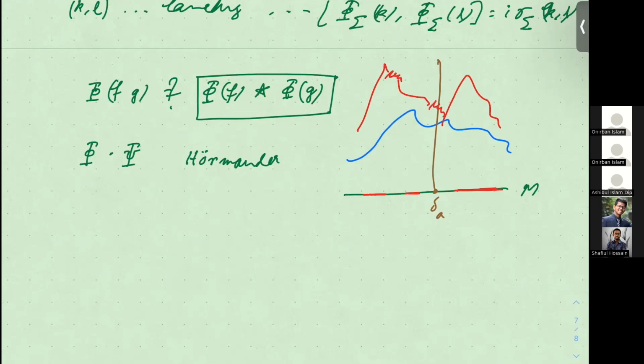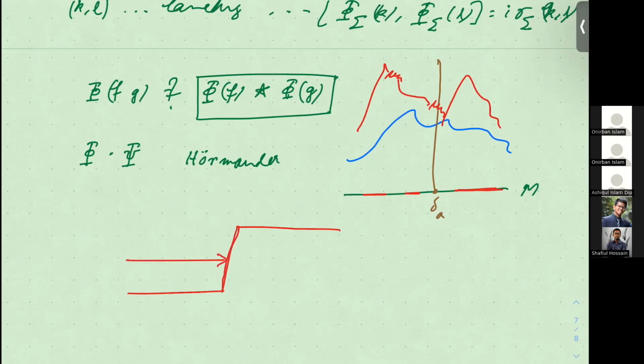Hormander found something very interesting and very important. The brown lines are not sufficient. You also need the direction in which it is non-smooth. Maybe an example is better. Say you have a staircase, and every step is a step function. If you come from this direction, you will see an abrupt change.